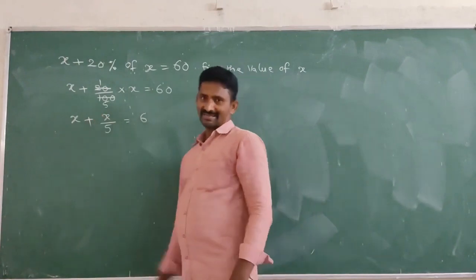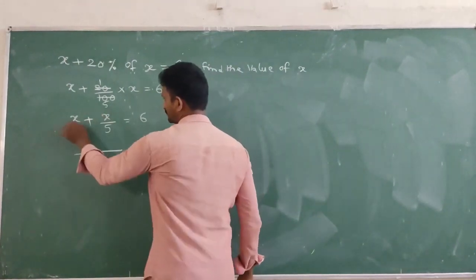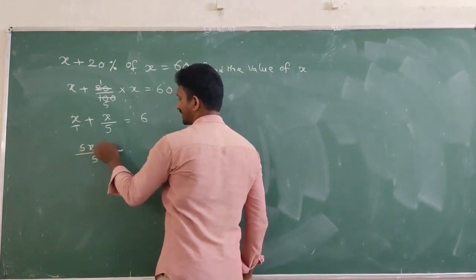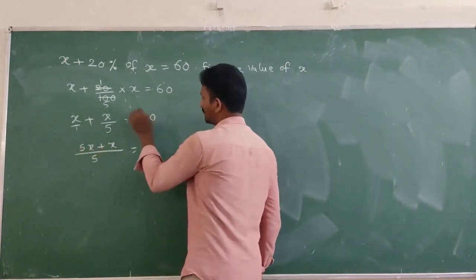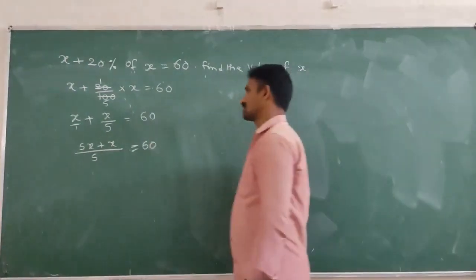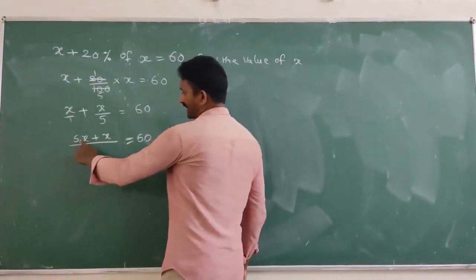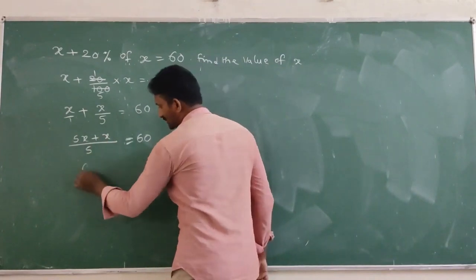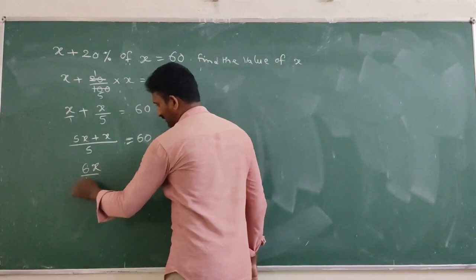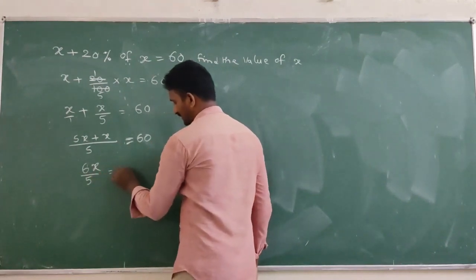Take the LCM: 5x plus x equal to 60. 5x plus x is 6x by 5 equal to 60.